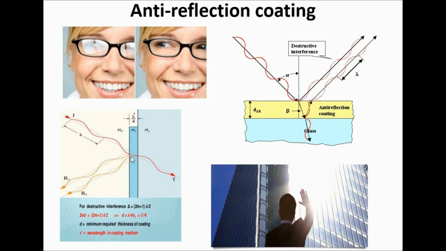So it will be 180 degrees out of phase. The signal reflected from here, let's say this is 0 degrees, and the signal traveling here goes lambda over 2. So this is lambda over 4, that means 90 degrees, and again lambda over 4, that is 90 degrees. So 180 degrees, that is 180-degree out of phase. That's why we have to make it lambda over 4. The thickness of the coating will be lambda over 4.